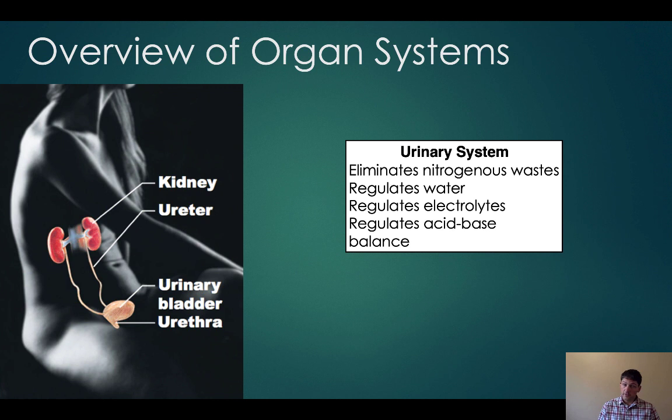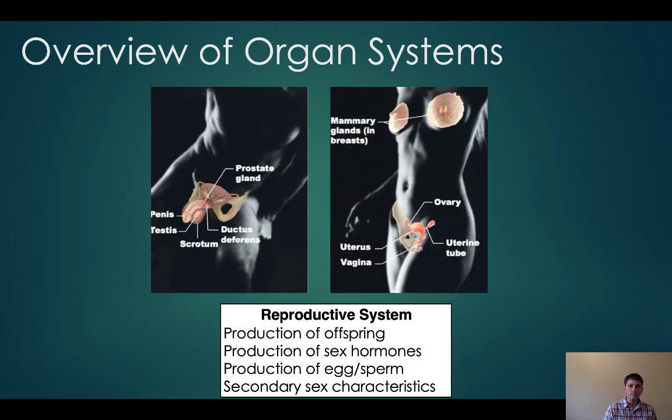The urinary system is what's helping us regulate our water and electrolyte balance. It also does have some balance with the pH system, regulates our acids and bases, and is getting rid of nitrogenous wastes. And then finally is our reproductive system, probably the most fun and exciting system to learn about. And so this is producing offspring, making sex hormones.